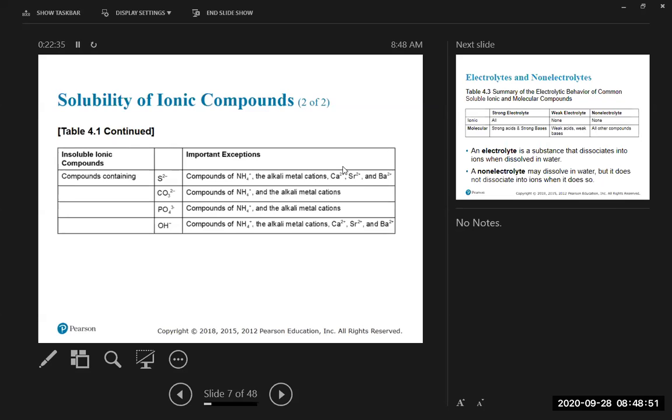So that's how I remember the alkali ones: sodium, potassium. We talk about that a lot with regards to food and nutrition. And if it's in our body, it's probably not precipitating out. Ammonia is the other one. Just remember that if there's an NH4+ on the front end of it, it's probably going to be soluble.